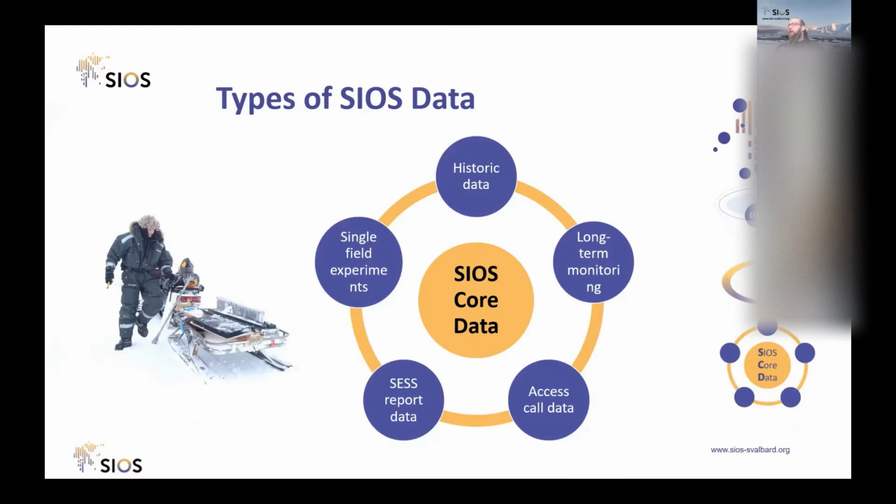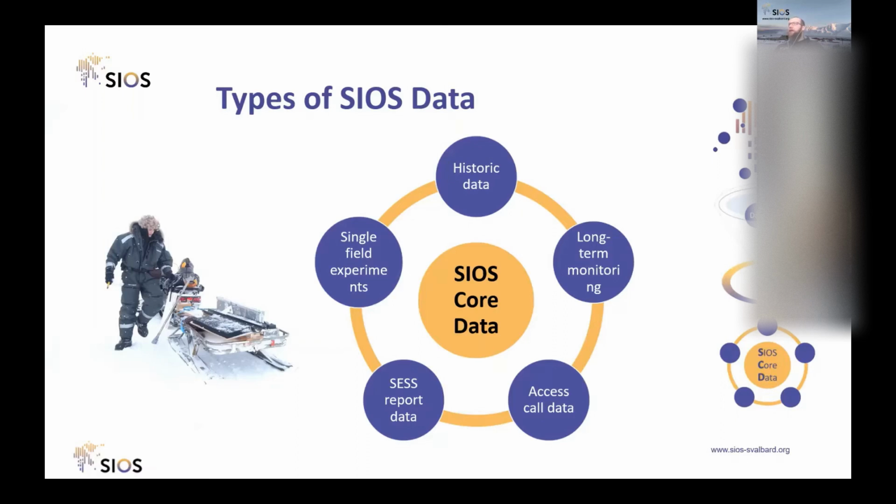There is another aspect of the data from the SIOS perspective. SIOS members have to follow the SIOS data policy, which follows the FAIR principles closely. A central element of this data policy is that all data are free and open, as I said, and SIOS data also include high-order products, level 3+.